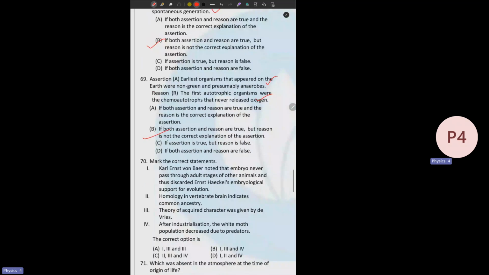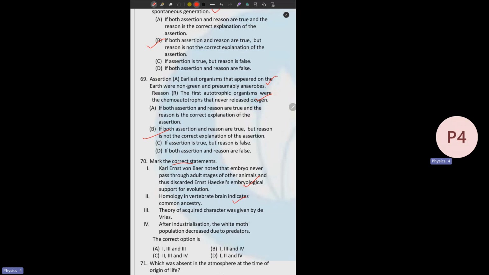Mark the correct statements. Karl Ernst von Baer noted that embryo never passed through adult stages of other animals and thus discarded Haeckel's embryological support of evolution. This is correct. Homology in vertebrate brain indicates common ancestry. This is also correct.